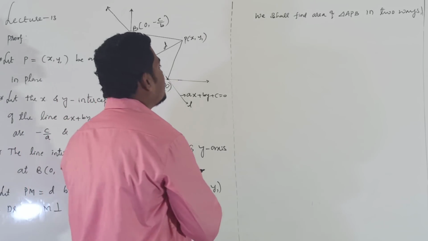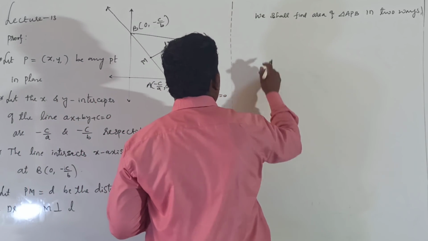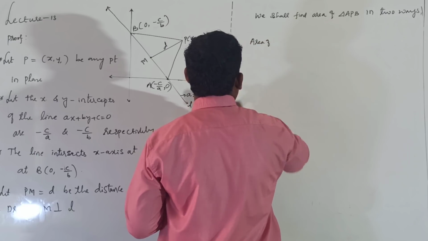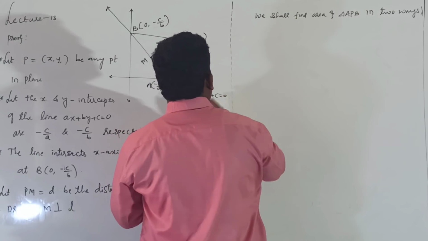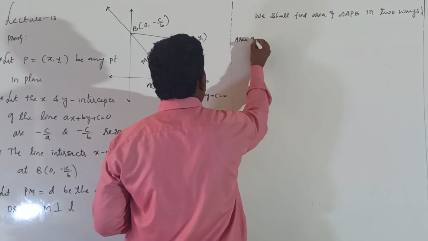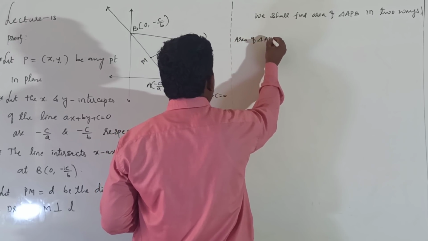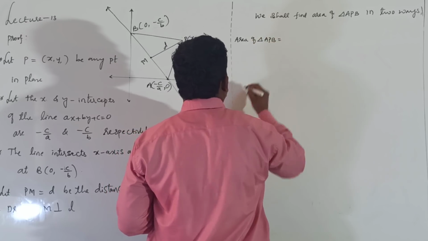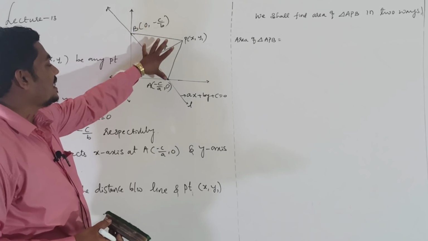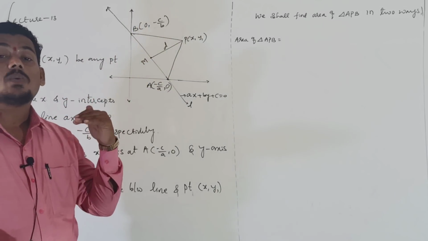Now, by using vertices, tell me what is the area of the triangle APB.